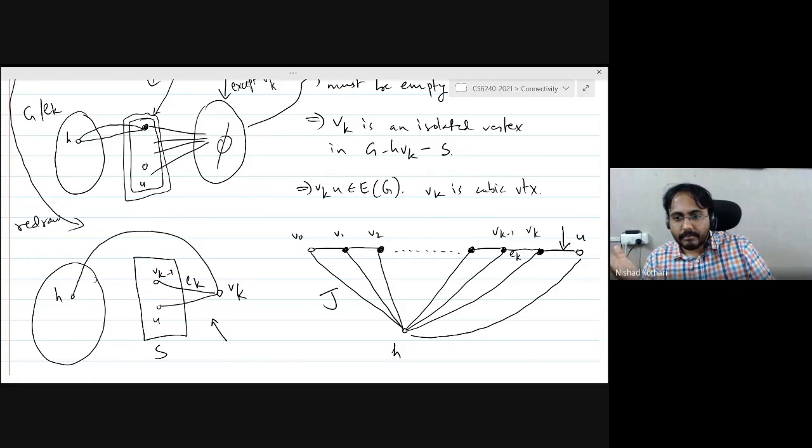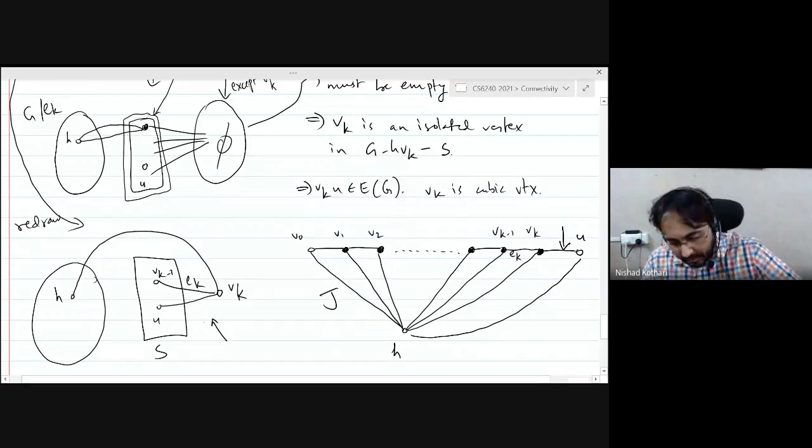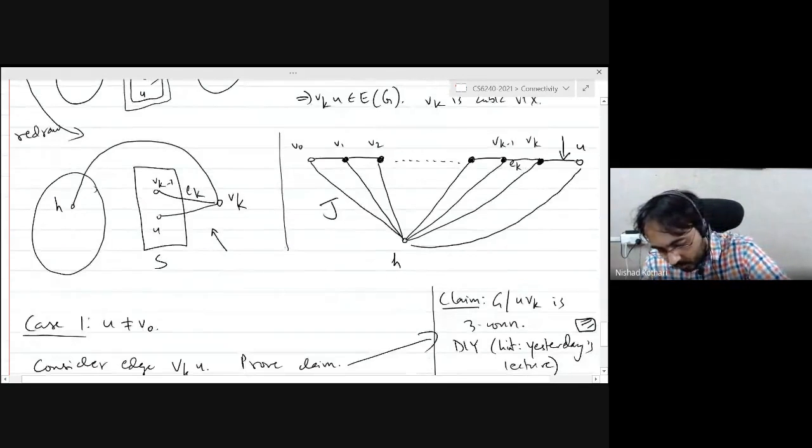Yes, maximality of G. Exactly. Once again, you have a partial k plus 1 wheel, which contradicts that you chose a partial k wheel with maximum number of vertices, right? So now this drawing that you see here is a partial k plus 1 wheel.